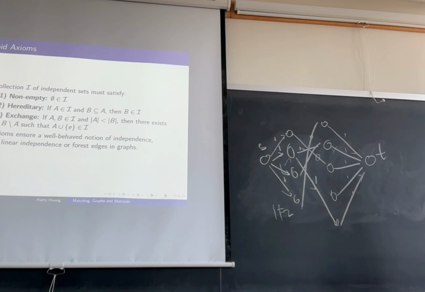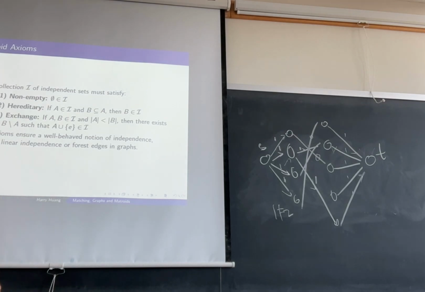The third axiom is the exchange axiom, and this is very interesting. If we have two independent sets, and one set is smaller than the other, then in the bigger set there must be at least one element that is not in the smaller independent set, such that if we union that element with the smaller independent set, it's still independent.